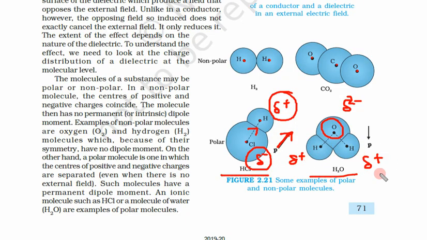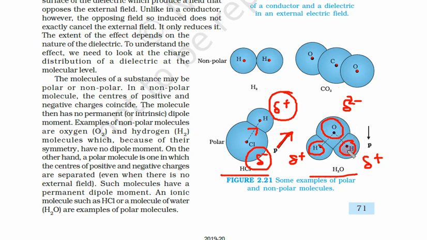Both hydrogens become slightly positive because they shift their electron towards this oxygen, and this oxygen attracts a little bit, not completely, the electron towards it from both hydrogens. So these two become slightly positive, this will become slightly negative.